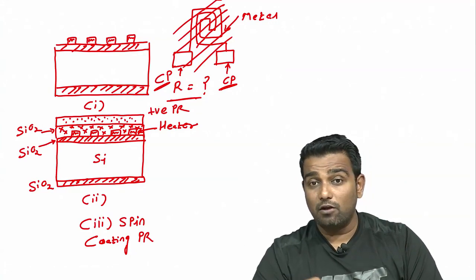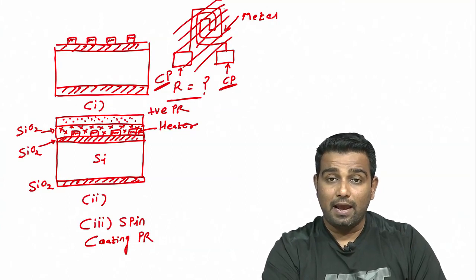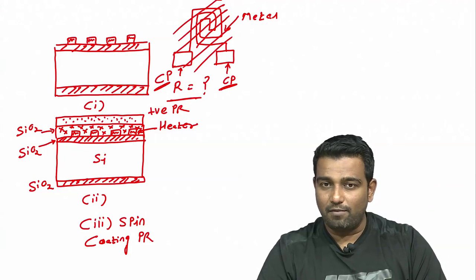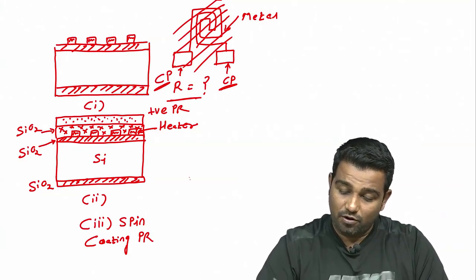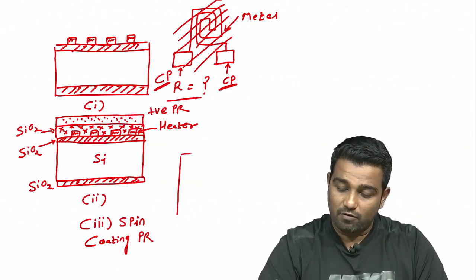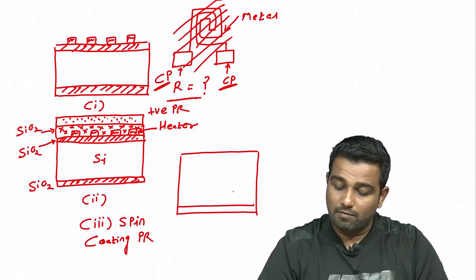So, what kind of mask I have to use if I want to remove just metal pad and keep the rest of the area as it is? I will use a dark field mask. So, let us see here, this is step 3, we have coated photoresist. Step number 4 would be to load the mask.